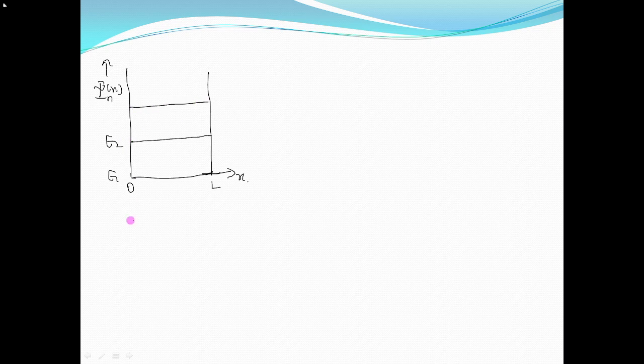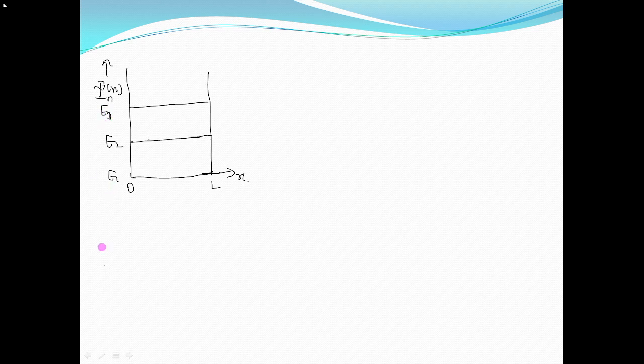So the probability amplitude, psi means psi n x, from 0 to L on the x-axis. This is E1, this is energy E2, E3, meaning the ground state and first two excited states.